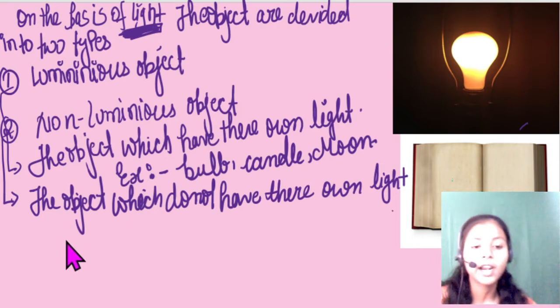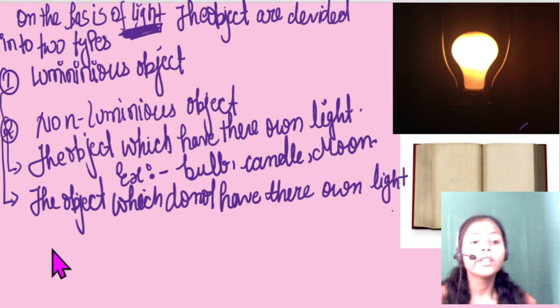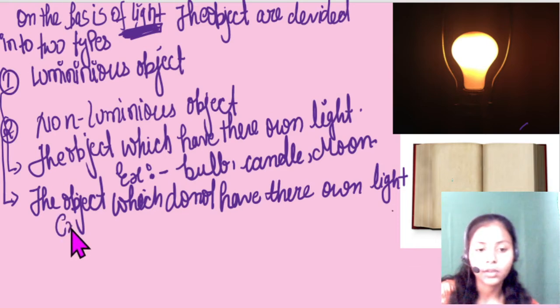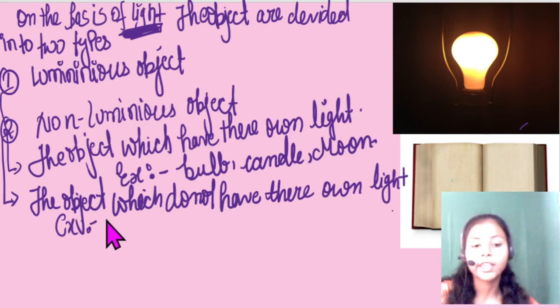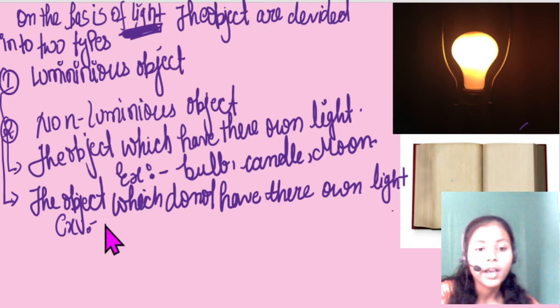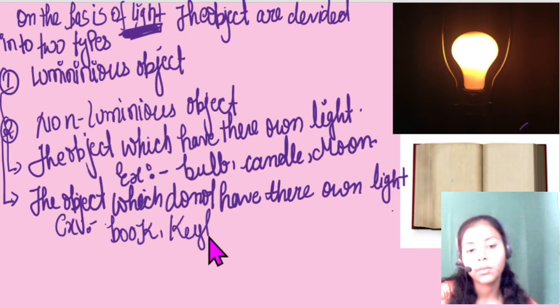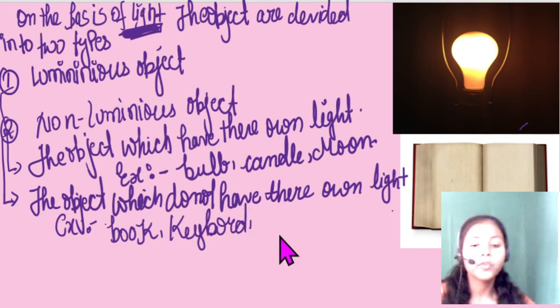So first understand the examples of non-luminous object. Anything which doesn't have its own light, like you can take book, then lamp, then keyboard, which don't have their own light.